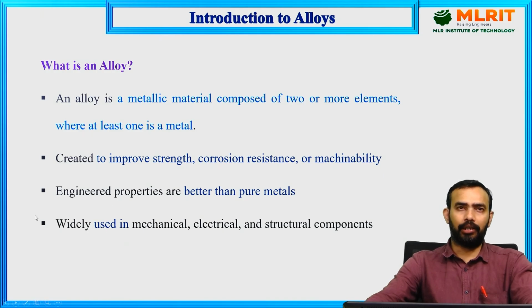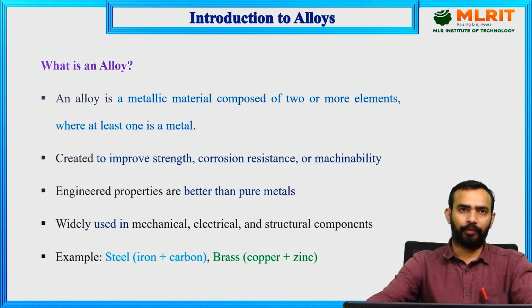So they are mainly used in mechanical, electrical and structural components. For example, steel and brass have multiple applications in mechanical and other structural components. Steel is an alloy made out of iron and carbon. Iron is the principal base metal and carbon is the primary alloying element.